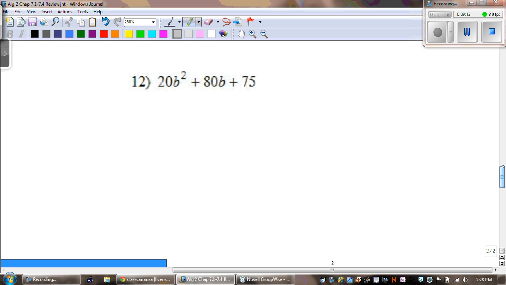Okay, number 12. Is there a GCF? You should always be asking yourself that first. And there is. We can factor out a 5. The 5 comes out front, and we're left with 20 divided by 5 is 4, 4b squared, plus 80 divided by 5.